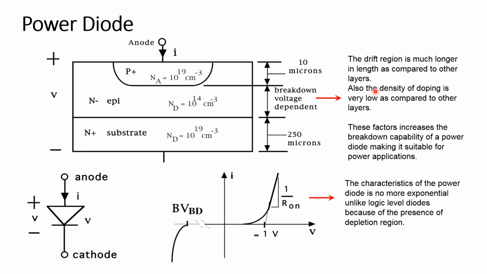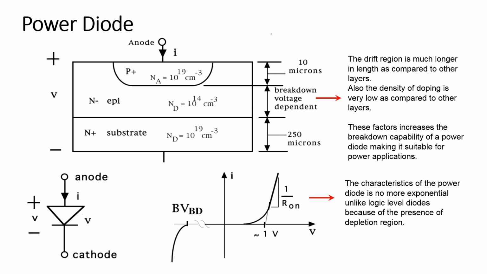So why is this done? Drift region is made longer and density is very low. Why? Because these factors increase the breakdown capability of a power diode and make it suitable for power applications. So what does breakdown capability mean here?